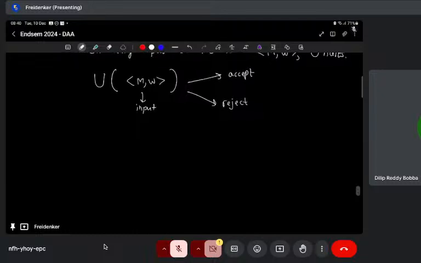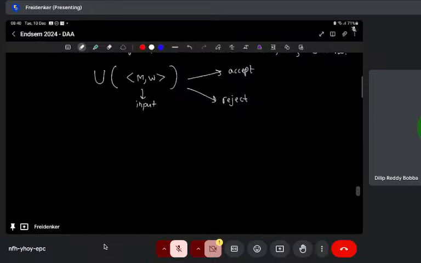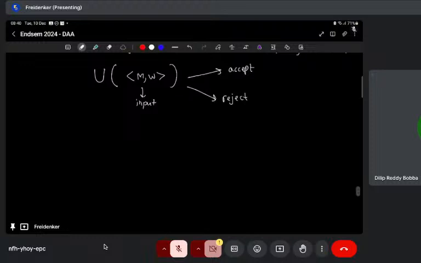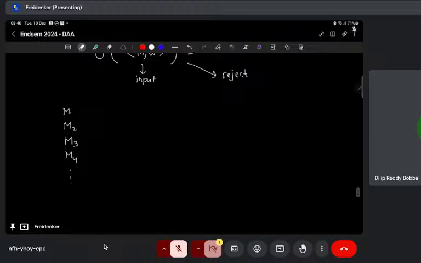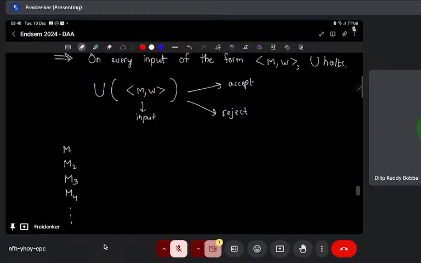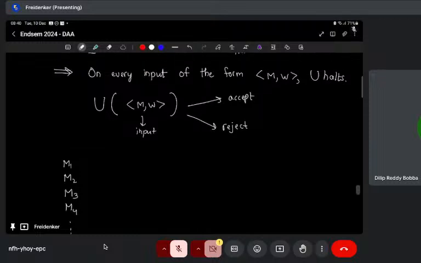So what I'll do now is I will just write something. So M1, M2, M4, and so on. Now W is a string, right? And I told you that I can convert literally anything into a string. So in this case, what I'll try to do now is convert this machine to a string.